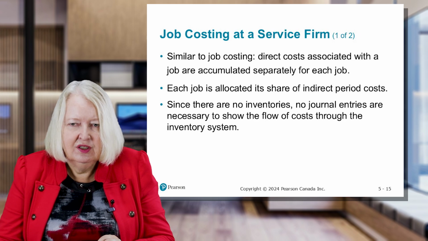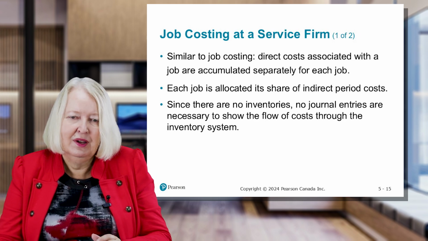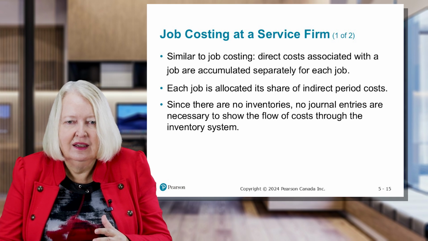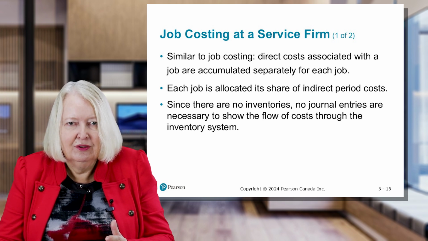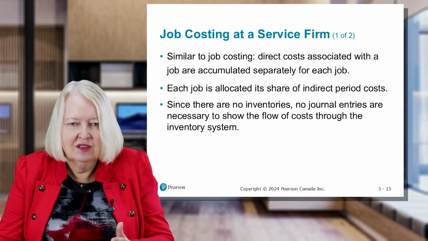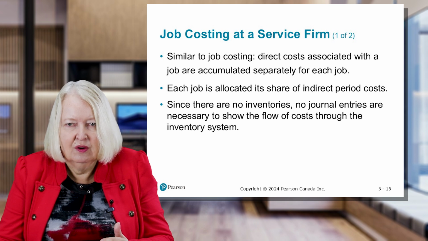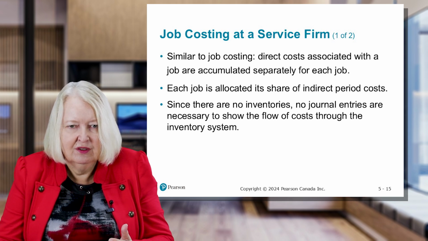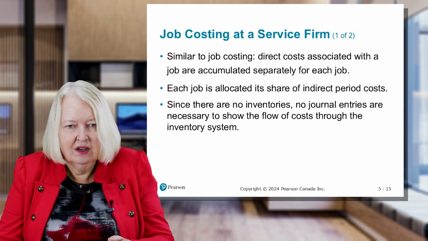So when we think of job costing, you think of making an airplane or building a building, but job costing is also used at service firms. As I mentioned before, it's used by accounting firms, law firms, etc. You have to track all of the costs for the time that you're spending working for each client.